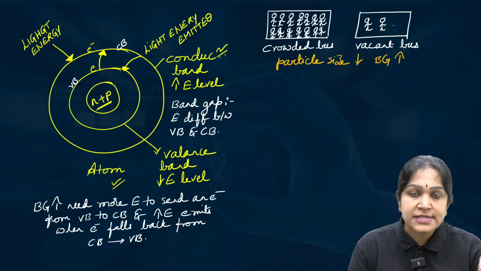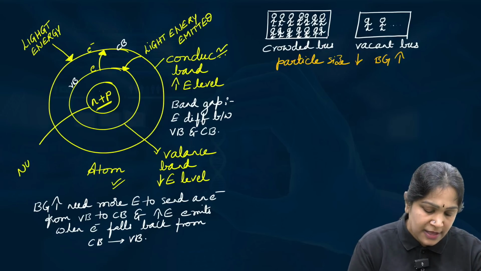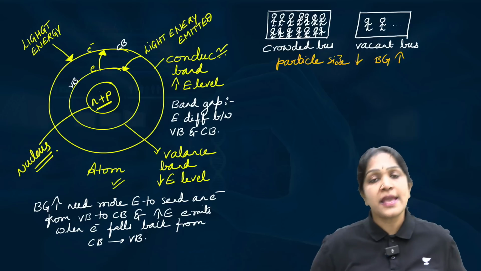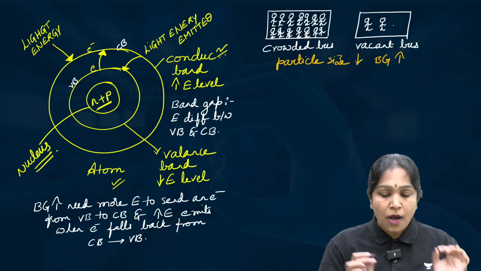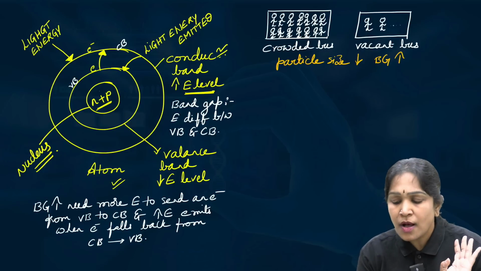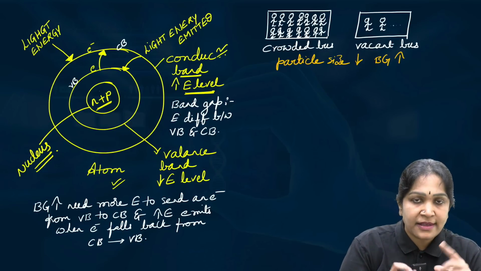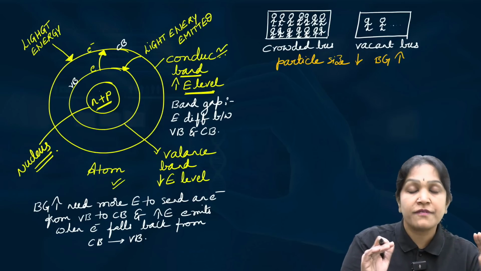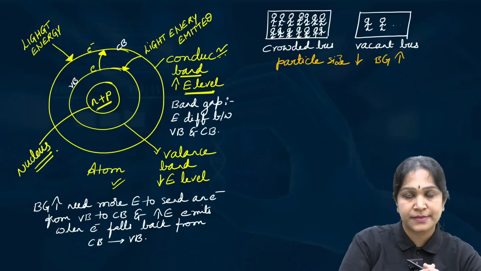Neutrons and protons are inside the nucleus, and electrons keep orbiting around the nucleus in orbitals or energy levels or bands. I repeat, electrons are orbiting around the nucleus in various orbitals. We can also call them energy levels or bands.